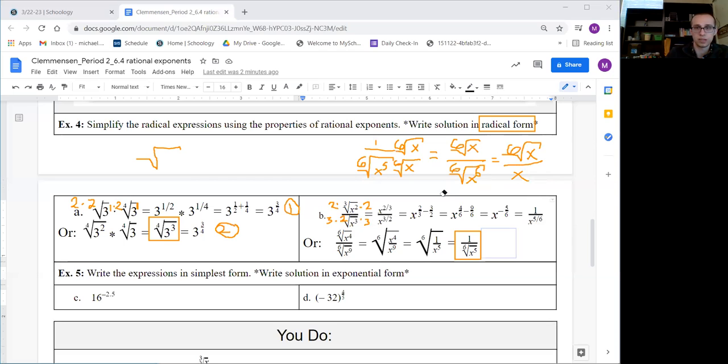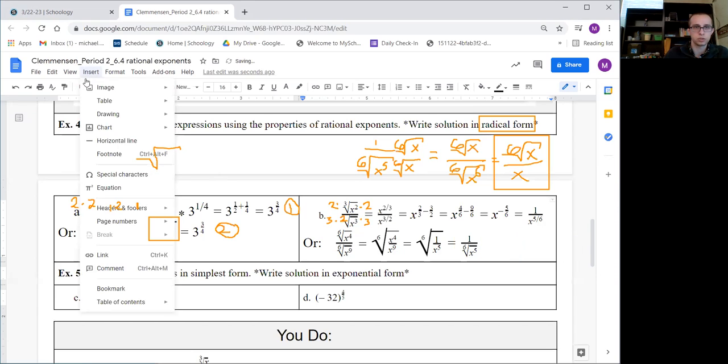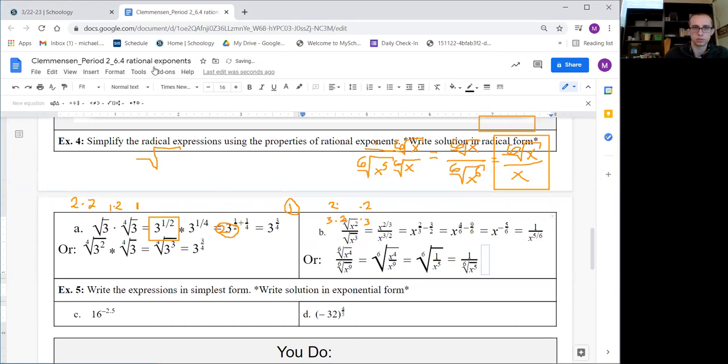So I'm going to erase this circle right here, and I'm going to box this answer up here. My true final answer shouldn't be that. I rewrote this. I didn't want to actually. Backspace. Insert equation. It's always annoying when it does that.